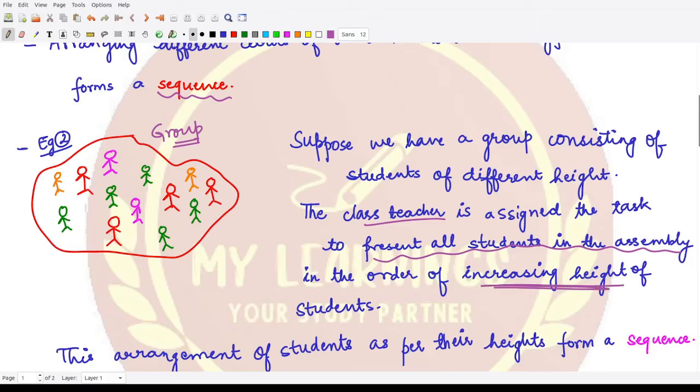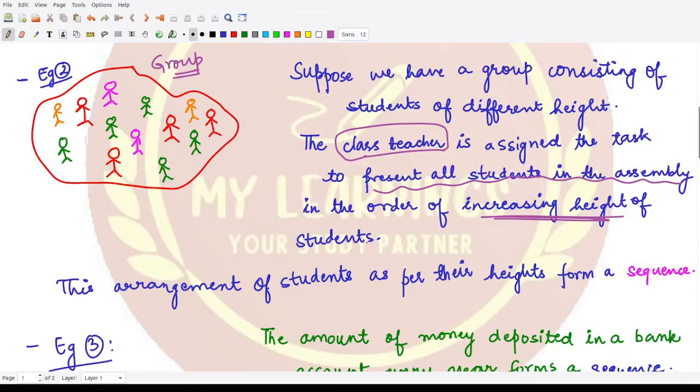In school assembly, every student is required to stand according to their height. So the class teacher will make the students stand in such a way that their heights are in increasing order. This arrangement of students as per their heights also forms a sequence.